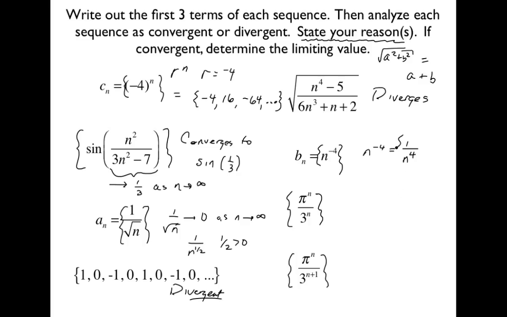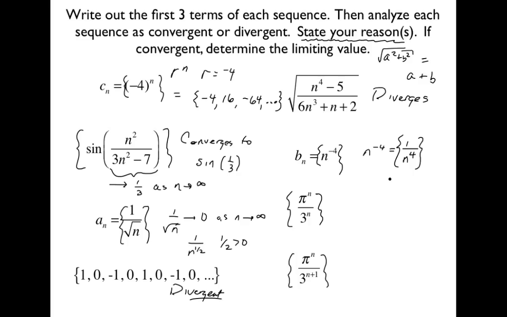Convergent or divergent? Kind of looks like convergent, right? Because as n gets infinitely bigger, it's going to approach 0. Yeah, so certainly our denominator is going to get really big. This will go to 0. How else could we argue this one?